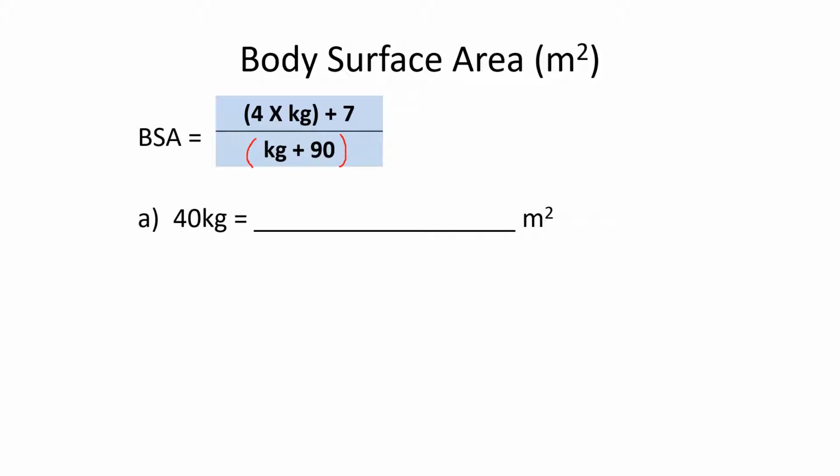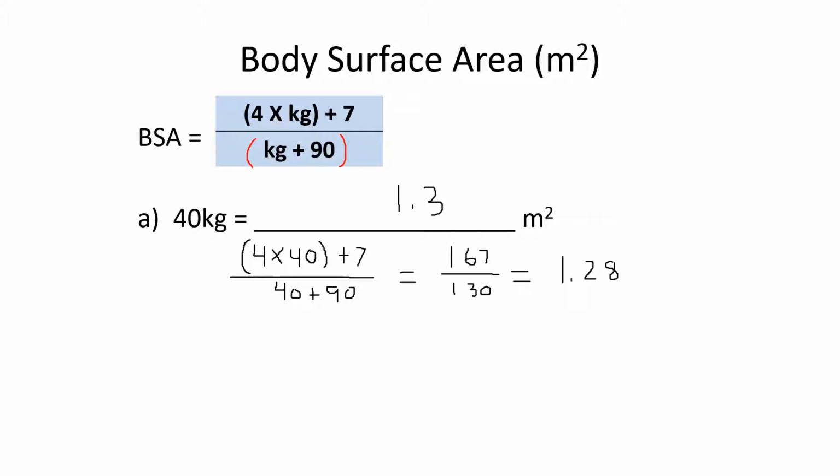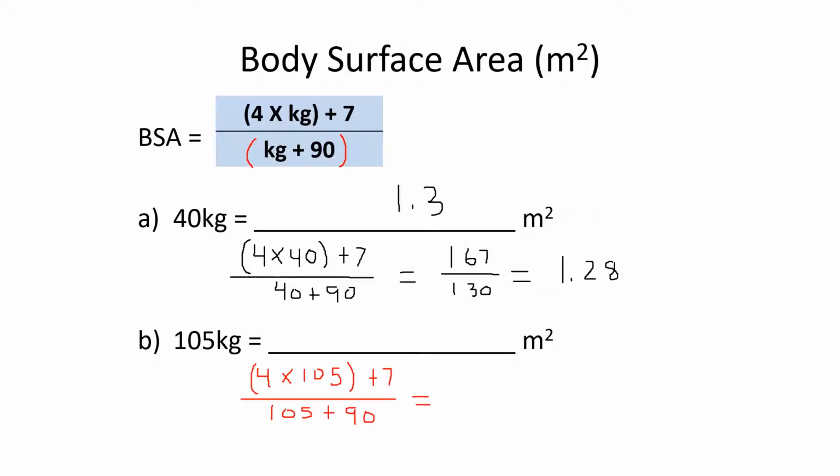So make sure you do everything in the numerator before you divide. All right, so plug and chug. We'll plug in 40 for kgs, simplify it, and this one will round to the nearest tenths. 1.3. So if a person is 105 kilos, we're going to estimate that to be about 2.2. So it's a simple plug and chug.